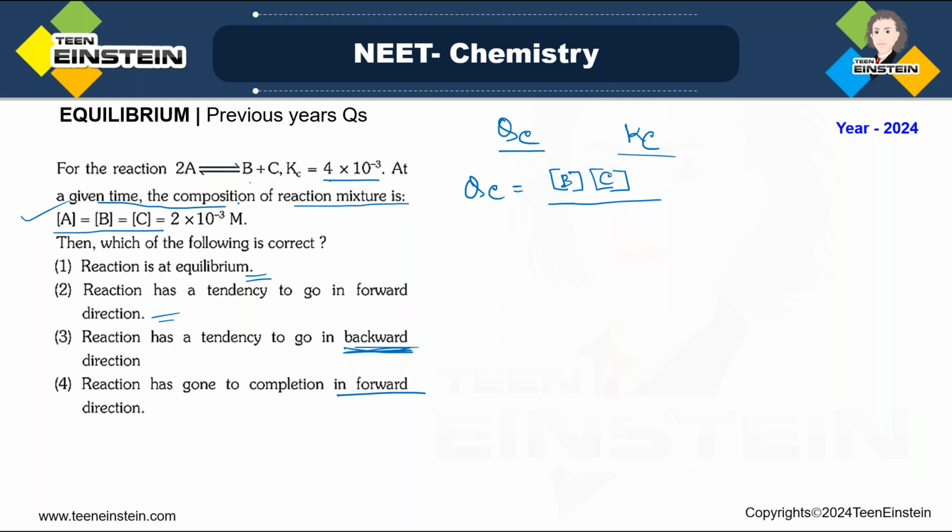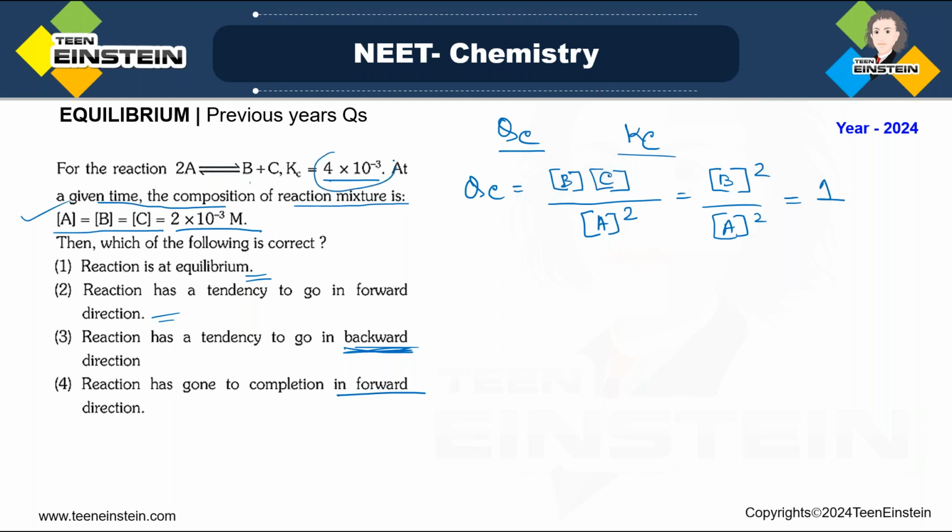At that time the concentration value is 2 × 10^-3, and there will be a square. As all are equal, B and C cancel against A squared, so without any calculation you can understand this should be equal to 1.